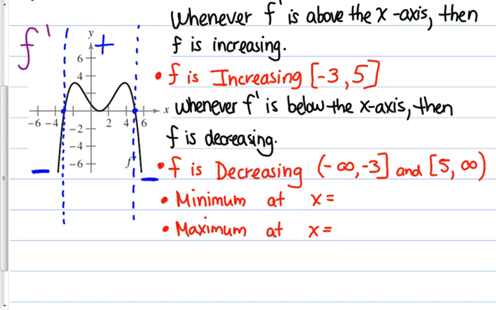Now this should help me figure out where my mins and my maxes are. So let's see. I'm right here and right here. These are my critical values, basically, right? Because they are zeros, if you see. And you're like, oh my god, but there's like a critical value right here at 1.